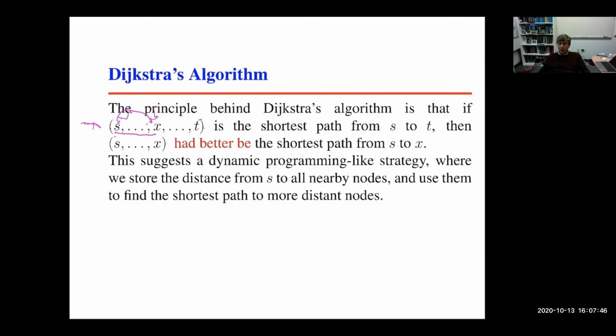So we know as a fact that for every vertex we encounter on a shortest path from S to T, the prefix is in fact the shortest path from S to that vertex. Any questions about that reasoning?